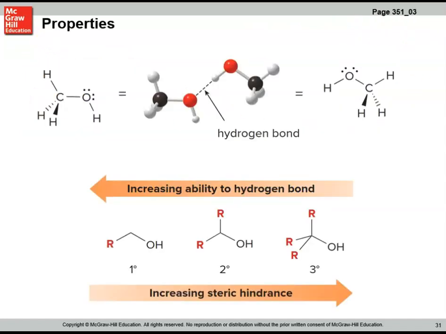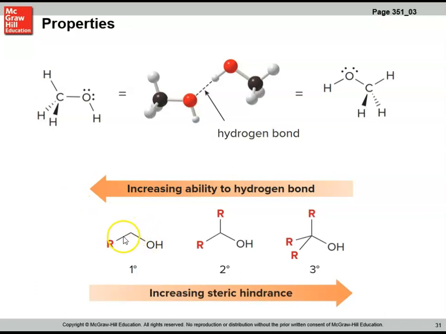The differences in the properties between these three different kinds of functional groups are pretty obvious when we think about intermolecular forces. Here, obviously, the oxygen is attached to a hydrogen, so we can have hydrogen bonding. And now that we know a little more about hydrogen bonding, we could also look at the ability of that oxygen to hydrogen bond based on the classification.